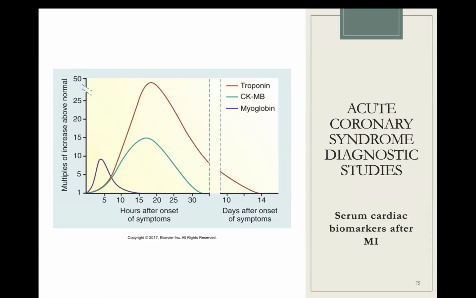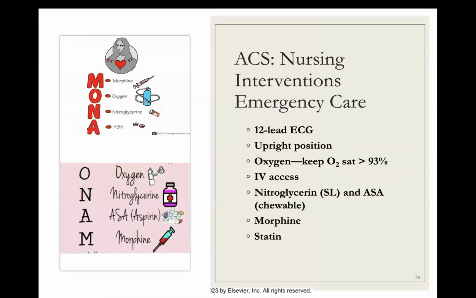CK-MB is specific to heart muscle, but as you can see, it doesn't elevate as much or show up in the blood for as long. And troponin really peaks really high when cardiac muscle is injured and stays in the bloodstream for about 2 weeks. So it's a really good marker for us to see how the heart muscle is doing.